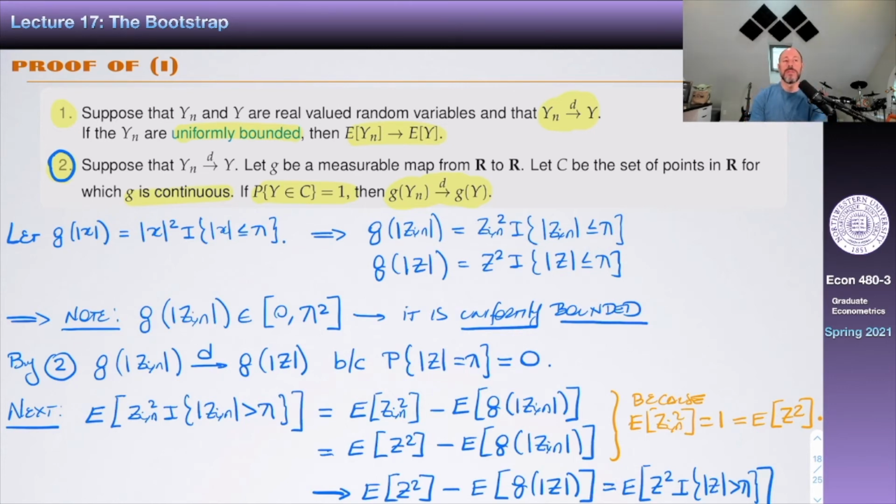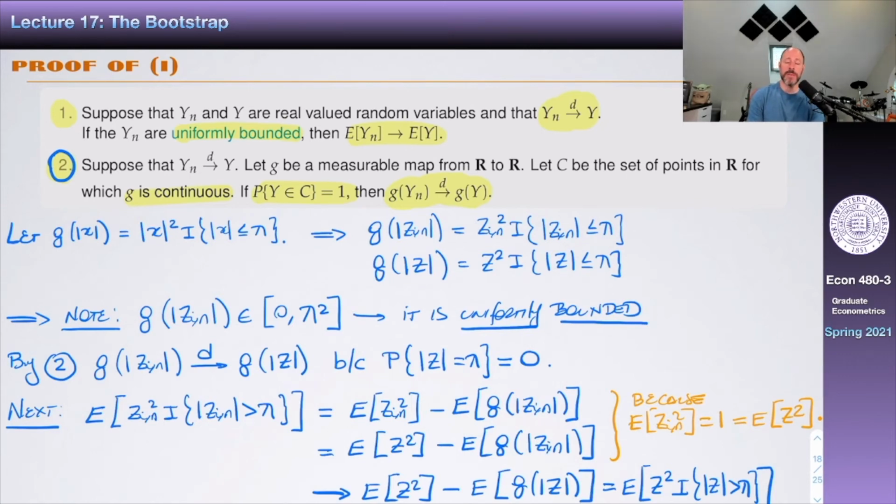So in this second part, we show the claim that we had in the previous slide, which is, for any lambda which is a continuity point of the distribution of the absolute value of z, we have that the expectation of z_n squared times the indicator that the absolute value of z is greater than lambda, you can write as the expected value of z_n squared minus the expectation where the indicator is less than or equal to lambda, which is our definition of g.